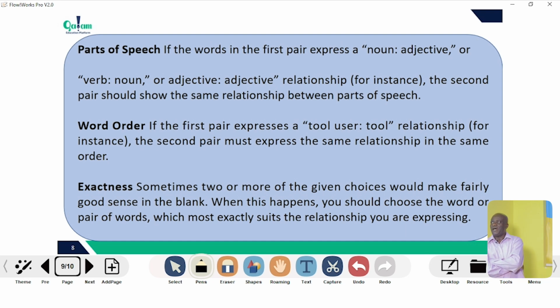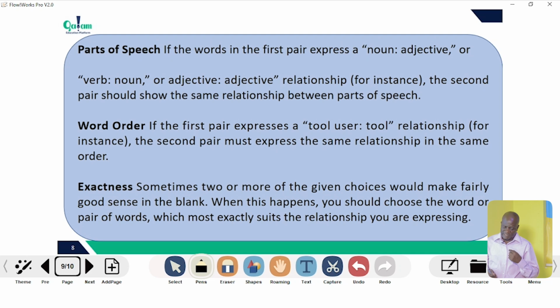What about word order? If the first pair expresses a tool user to tool, like you can say farmer to a hoe. Hoe is a tool. Tool user is the farmer. Relationship, for instance, the second pair must express the same relationship in the same order.